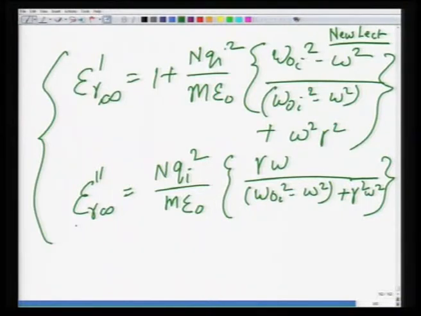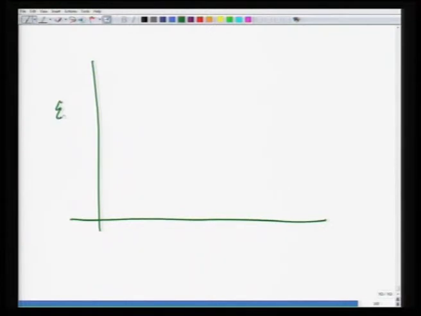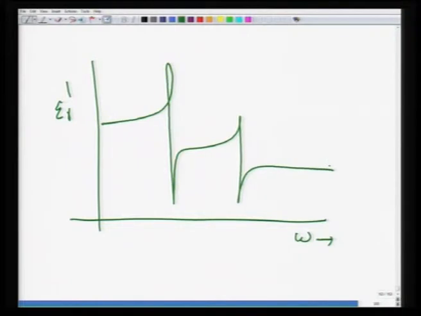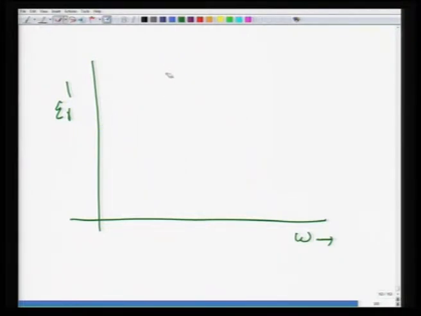Now, it could be taken both for, so omega naught i would be characteristic for both electronic and ionic, and depending upon the mechanism the magnitude will change. So, when you plot this versus the frequency, I am just going to plot the high frequency part. If you plot epsilon prime versus omega, let me just draw it a little bit more precisely.